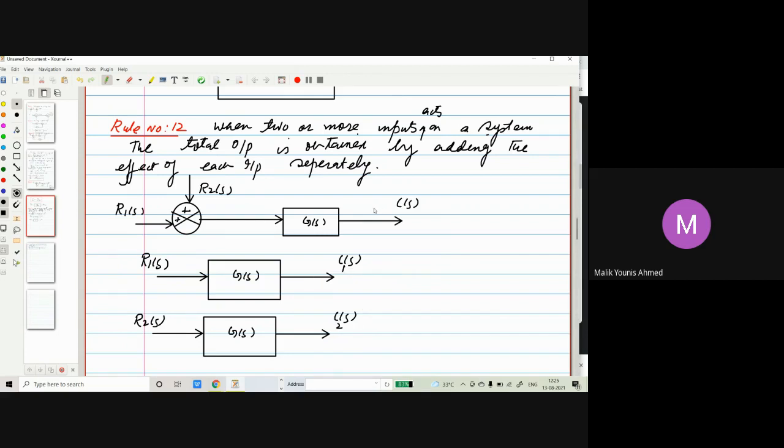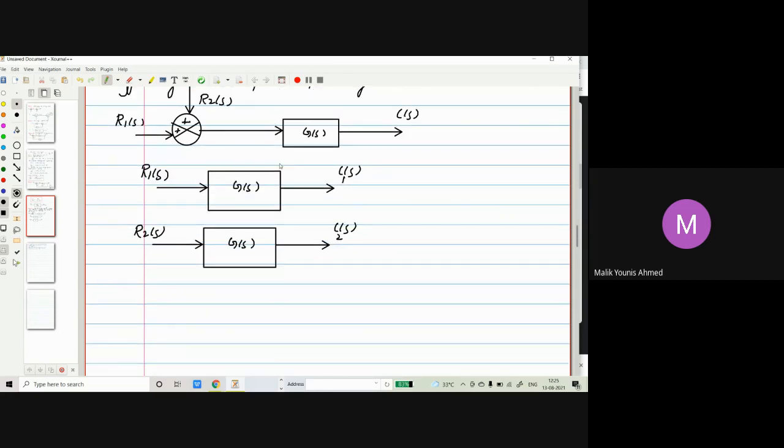It should be like that, because inputs and outputs are going to change. Output will change when one of them is made 0. So C1 of S will be equal to what?